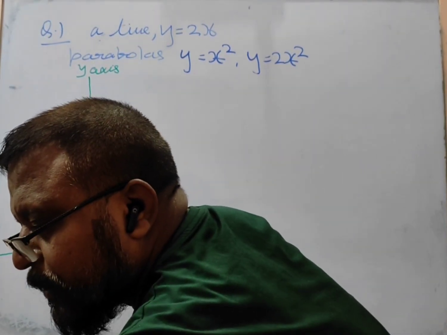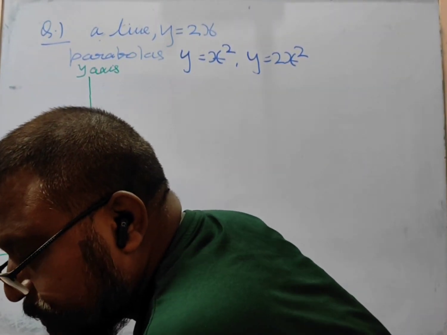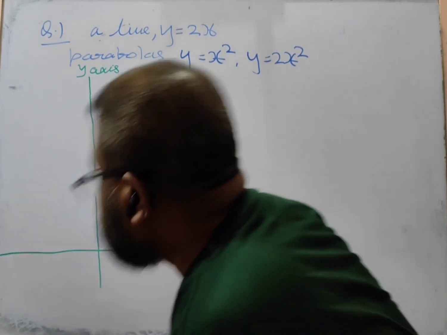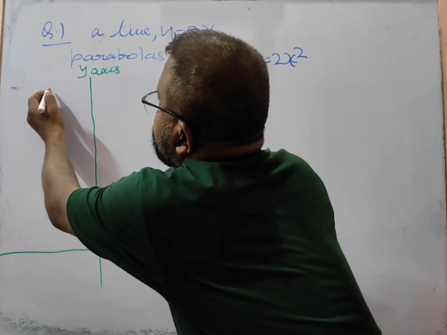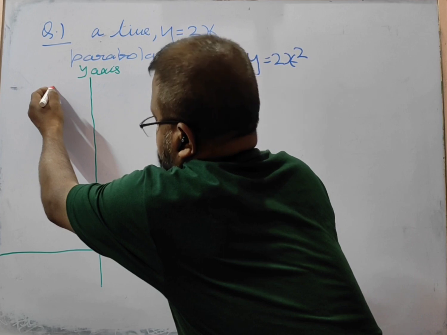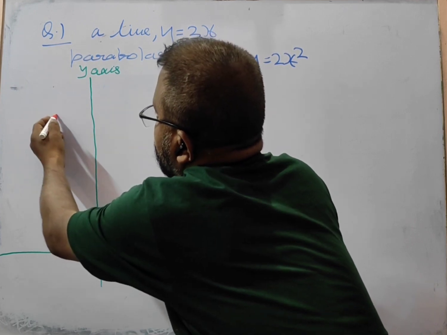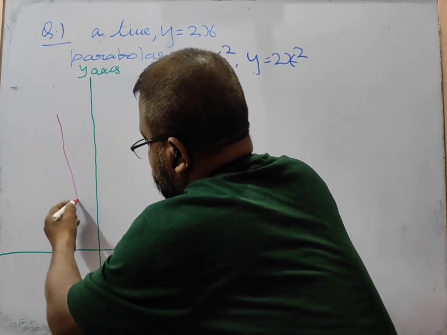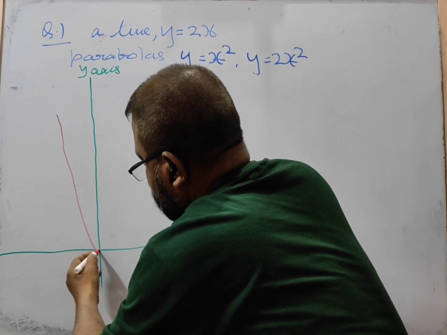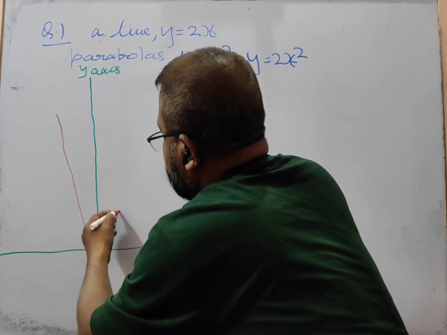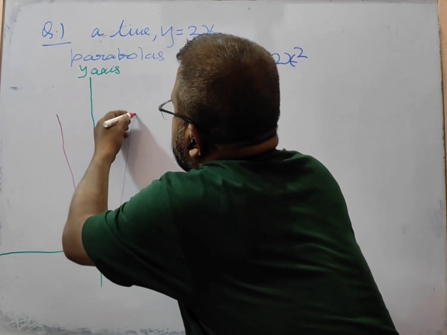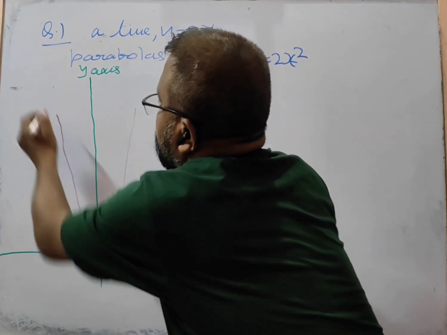There are two parabolas. The first is like this. Say I start from here. It is passing through the origin, with vertex at the origin.